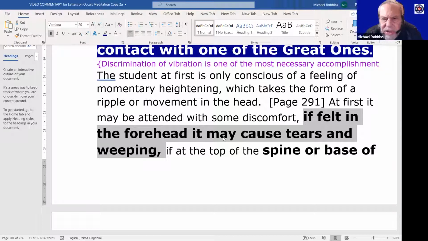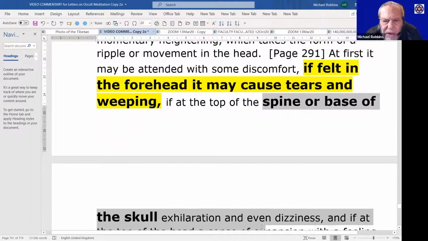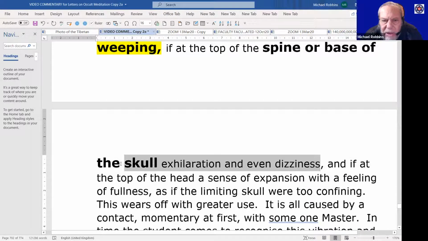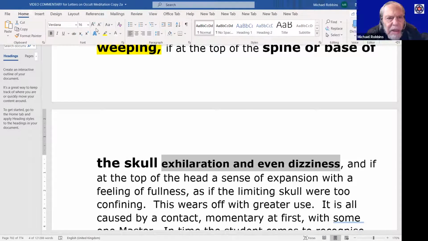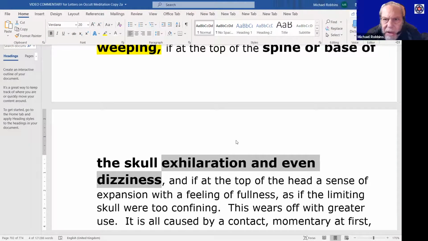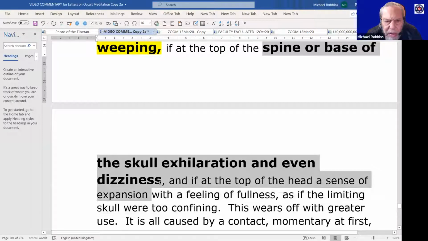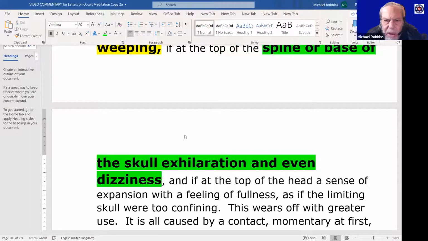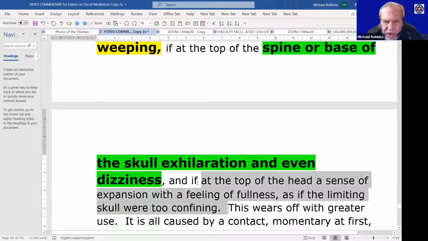Okay, so I'll put that in yellow, and I'll put this base of the spine, exhilaration, or even dizziness. This will help us locate and name the kind of vibrations we may experience. And if at the top of the head, a sense of expansion, a feeling of fullness, as if the skull were too confining.